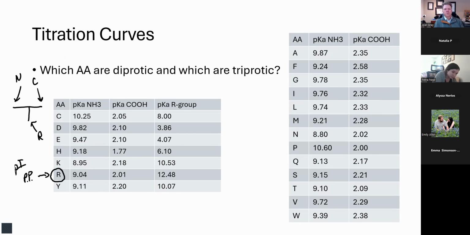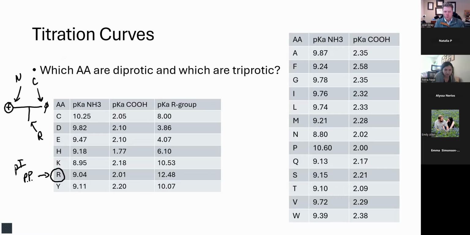At an acidic pH, at a pH of 1, the N termini is going to have a charge of +1. So I'm going to put a plus there. At a pH of 1, my C termini is going to have a neutral charge. So I'm going to put a 0 with a slash through it on the C termini because that's my carboxyl end.